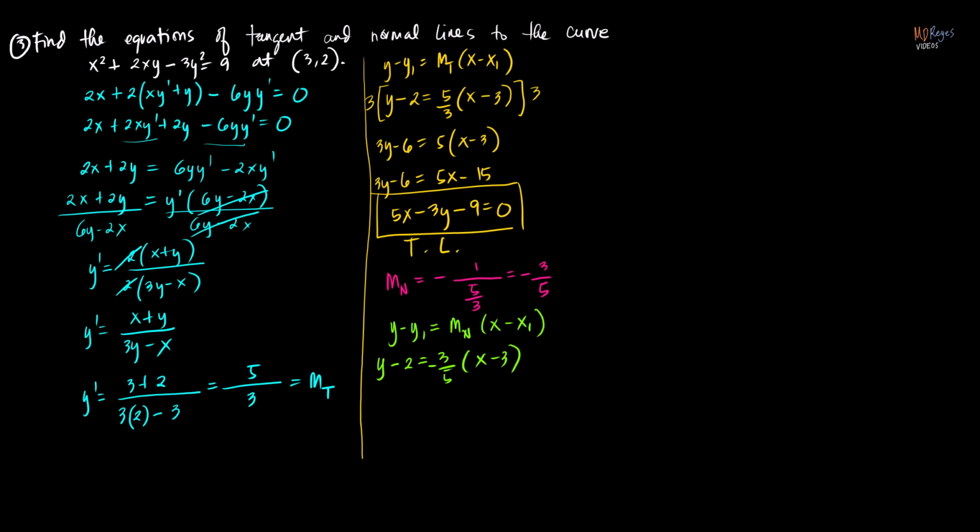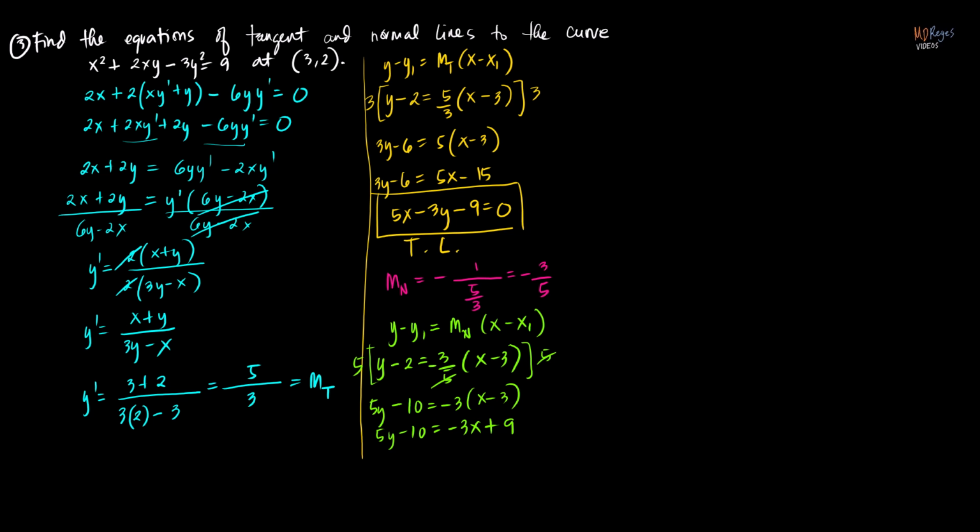So multiply both sides of the equation by 5. And so we'll get 5y minus 10 equals negative 3 times x minus 3. Again, remove the grouping symbols on the right side of the equation, and we'll get 5y minus 10 equals negative 3x plus 9.